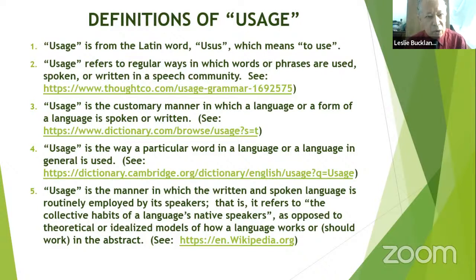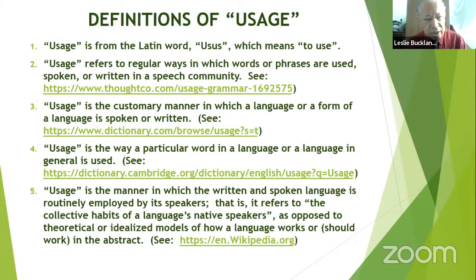Number 3, usage is the customary manner in which a language or a form of a language is spoken or written. Number 4, usage is the way a particular word in a language or a language in general is used.